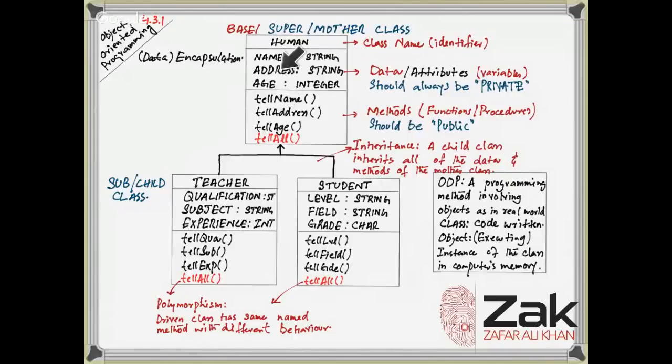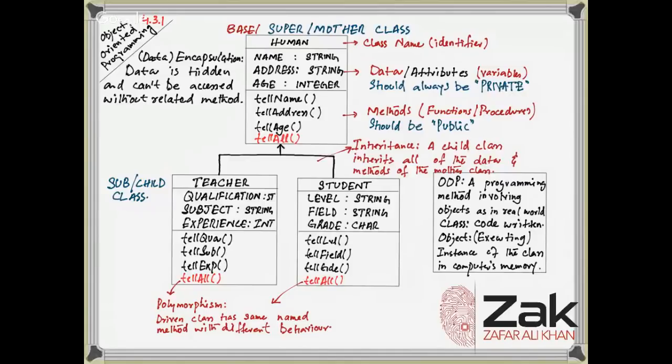So you cannot just handle the data directly, rather you will be calling the related method, and that related method would either be setting the values or telling you the values or returning the values, whatever you call it. This is called data encapsulation. Data is hidden and can't be accessed without the related method.